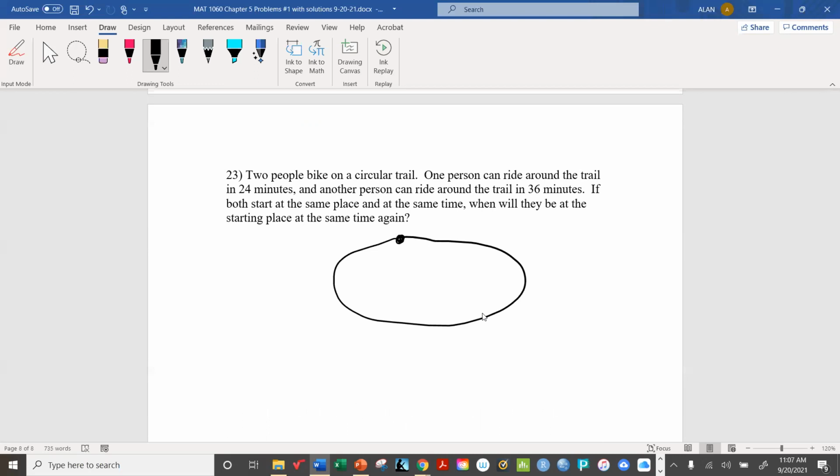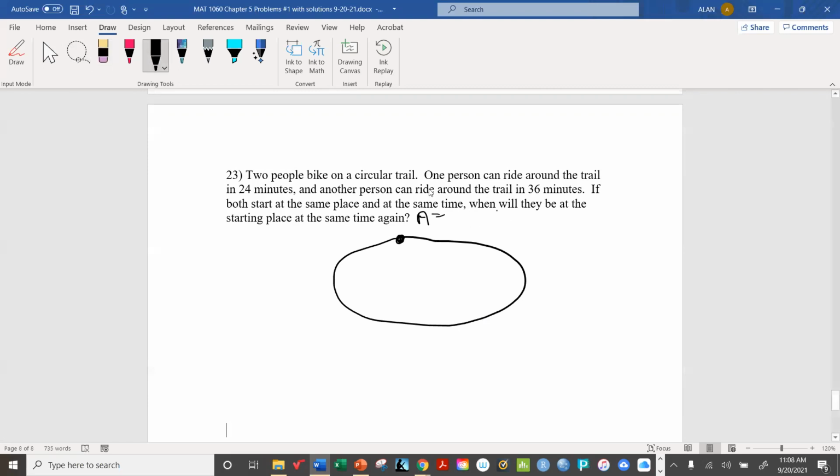And it doesn't matter if it's clockwise or counterclockwise, but let's say we have two people who are bicycling, and they start at the same point. The first person is fast, and they can get around the whole thing in 24 minutes. Let's call that person A. The next person is not quite so fast. All right, they're out of shape. They haven't done this in a while.